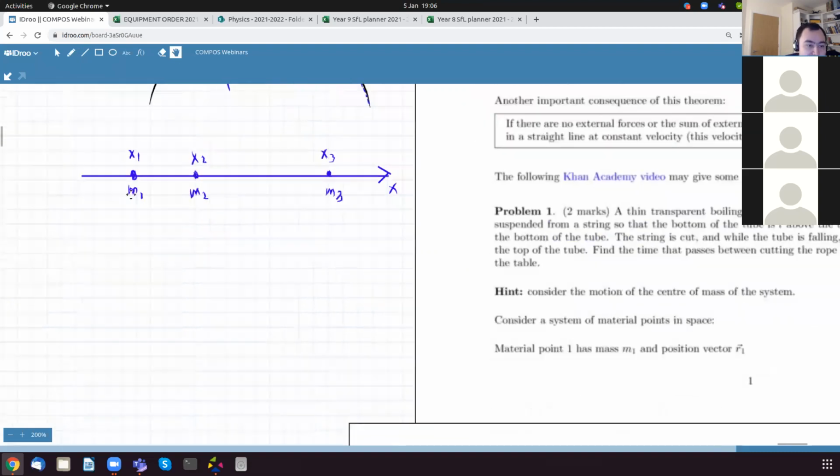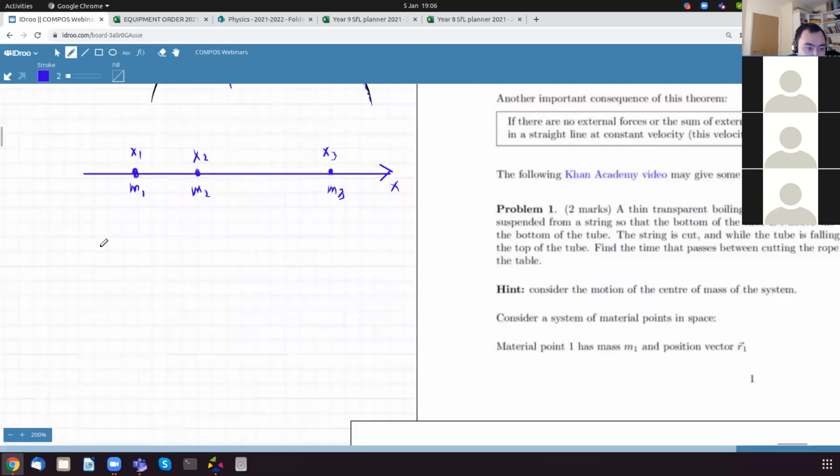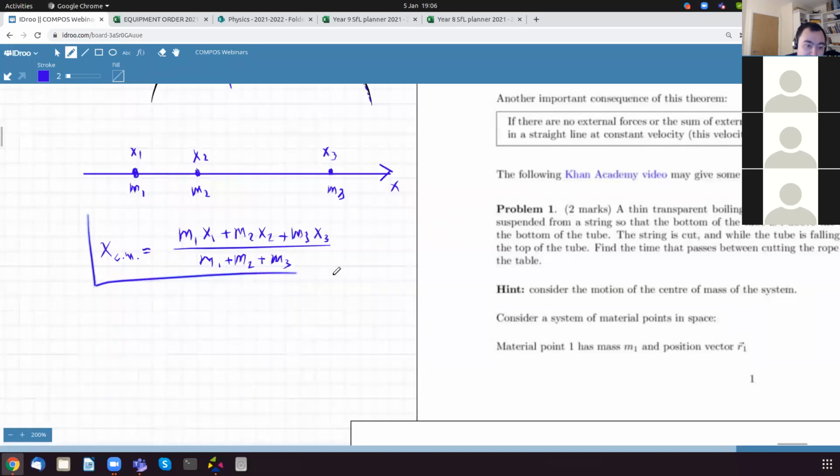Then the position of the center of mass can be found using the formula. X center of mass is equal to m1 times its coordinate plus m2 times its coordinate plus m3 times its coordinate, all over the sum of masses, m1 plus m2 plus m3. So this is the formula to find the center of mass of three objects.